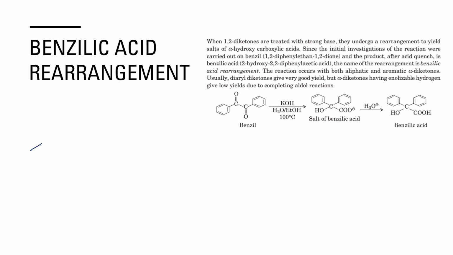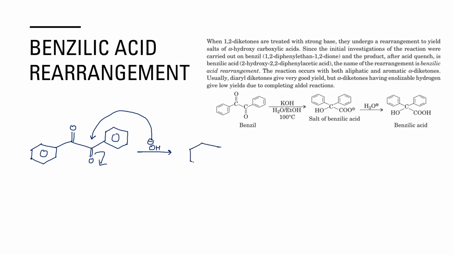What is the mechanism like? So you take the phenyl system, the aromatic diketone, and it reacts with OH minus. OH minus attacks one of the carbon atoms, and this becomes like this, and it turns into O minus, OH, something like this happens.